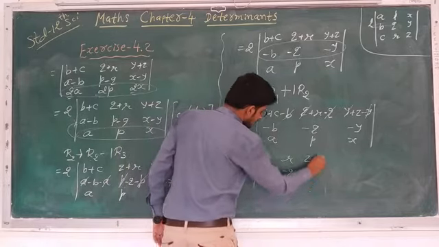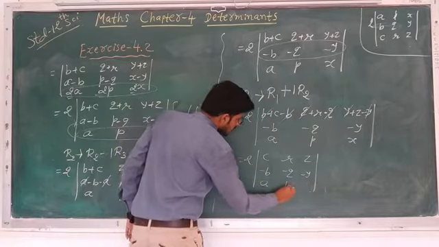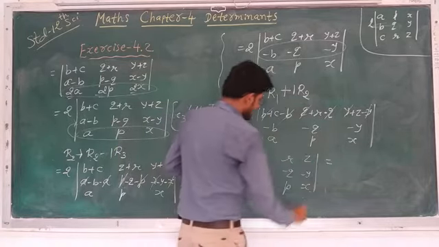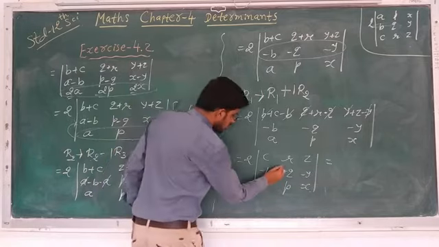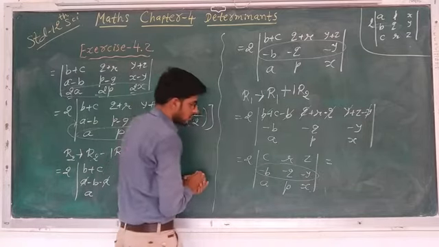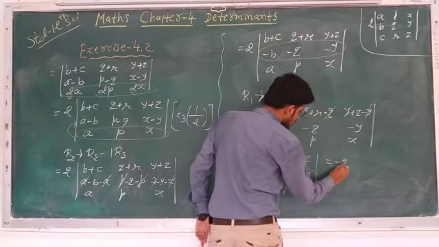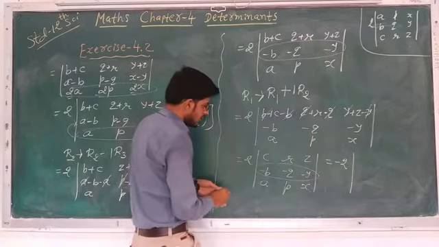Okay, it is equal to, now we take the common minus sign out of the second row, because here we have minus b, minus q, minus y. So minus 2 times the determinant c, r, z.